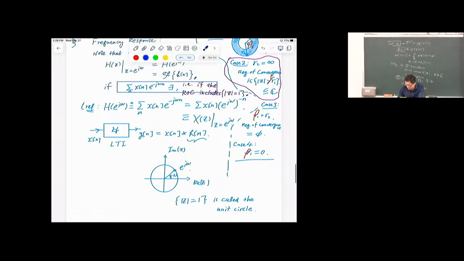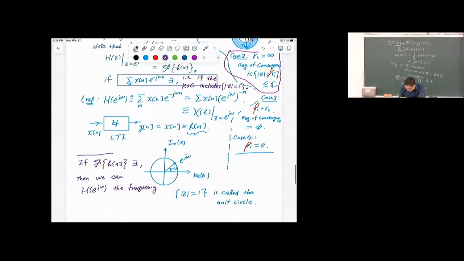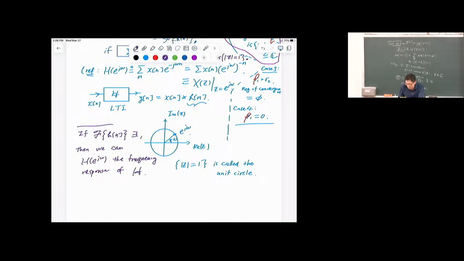So if the summation converges, that is, if the DTFT of our impulse response converges, then we call H of e to the j omega the frequency response of the system H. In what sense?